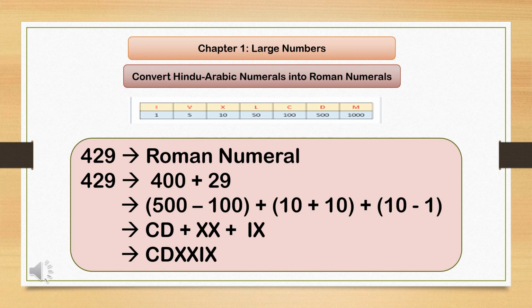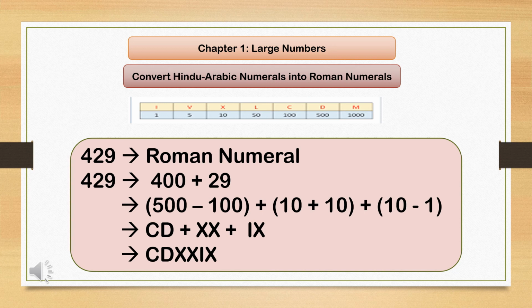First we have 500 minus 100. Here, while writing the symbol, we write the symbol of the smaller number first and then we write the symbol of the greater number from which the smaller number has been subtracted. So while writing the symbol, we will write it as CD.